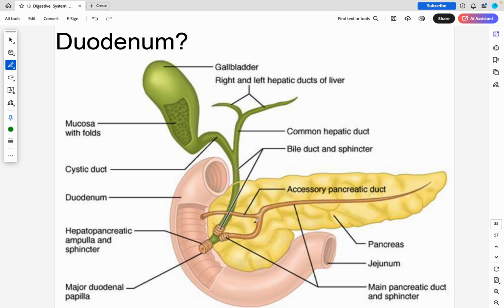The yellow colored structure here is the pancreas. It directs the pancreatic juice to the duodenal section of the small intestine. The pancreatic juice contains a number of enzymes for digestion.